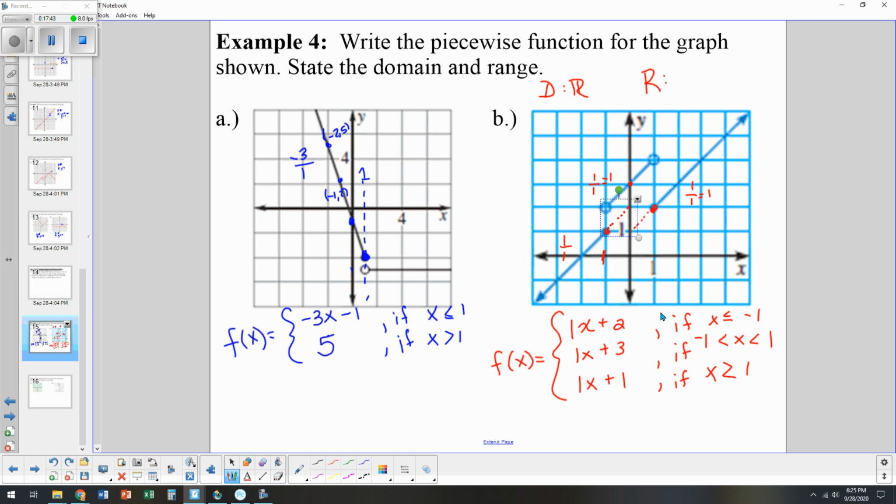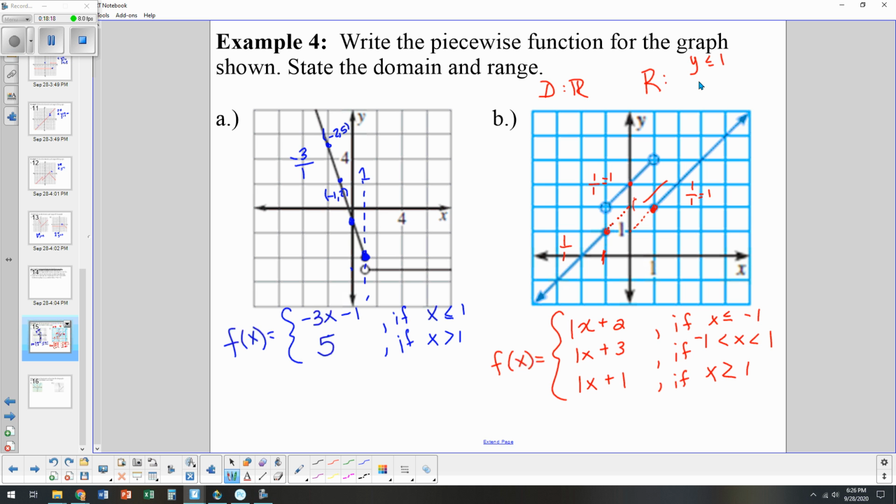Let's talk range. I know that it will go forever underneath this positive 1. Nothing happens in the graph between this positive 1 and the 2.